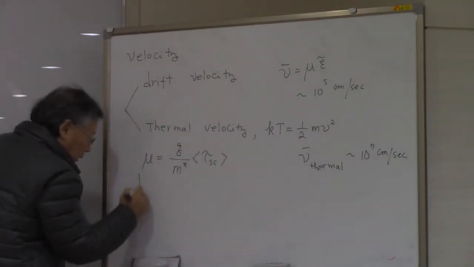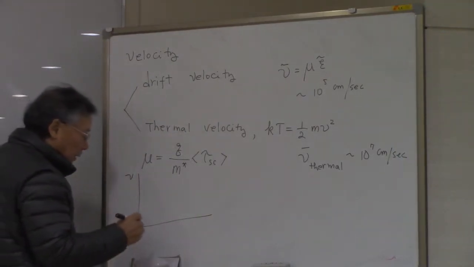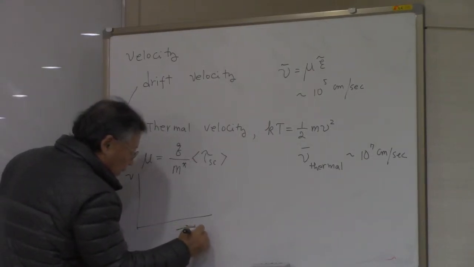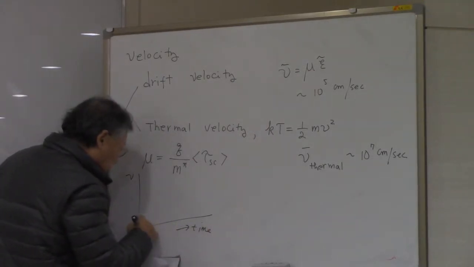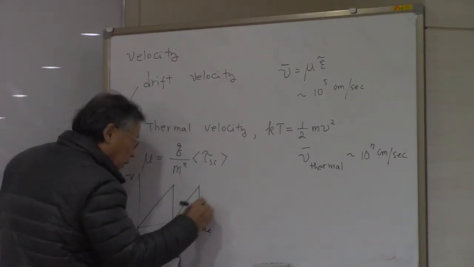Remember, if you plot the velocity of the electrons against time or distance, it goes in the elastic scattering range.